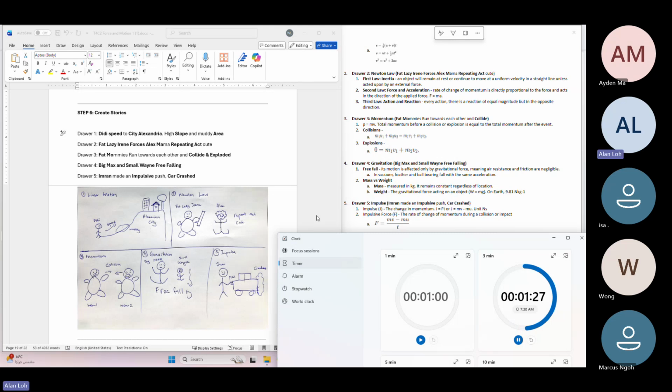I'll tell you why this is important after the timer. Why is the story important? And why is the drawing important? After the timer.